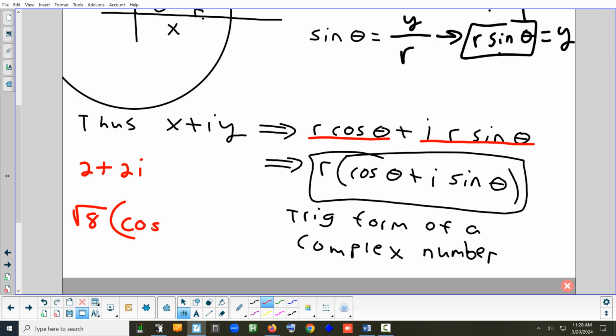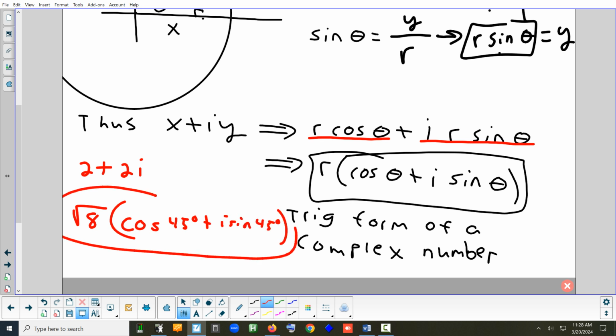Anyone think they know? We haven't really talked about it yet. I kind of gave you a hint that you're going to use tangent to figure out this angle. But if you go over and up the same amount, what kind of angle is that? Yeah, 45. It's a 45. That's an example of what a final answer looks like in trig form.